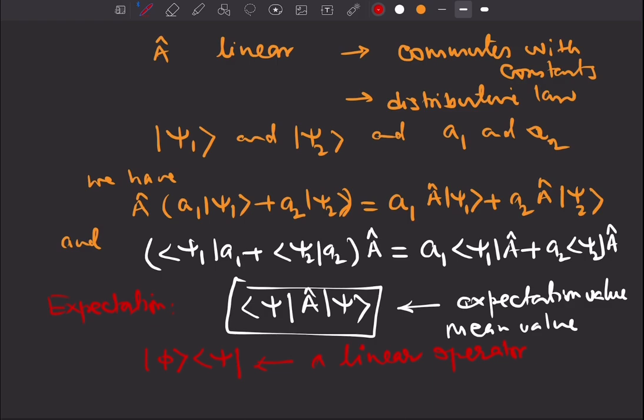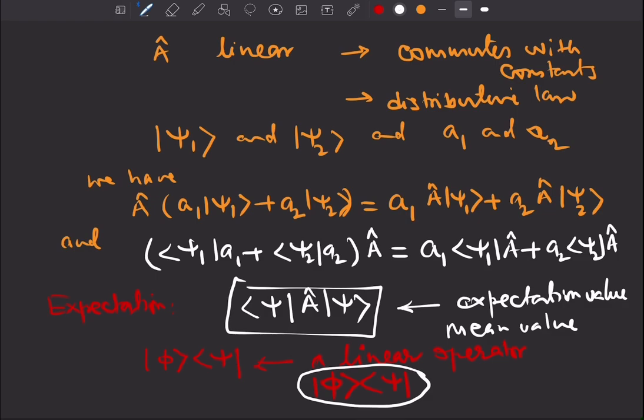And it is also an operator in Dirac's notation. So here we found that ket phi bra psi, then we can treat it as an operator in Dirac notation.